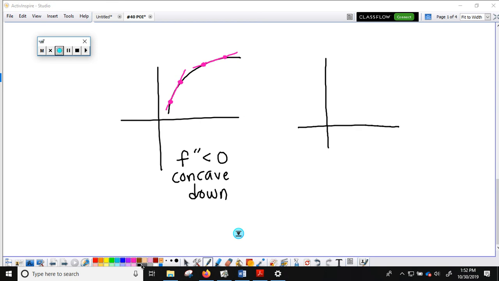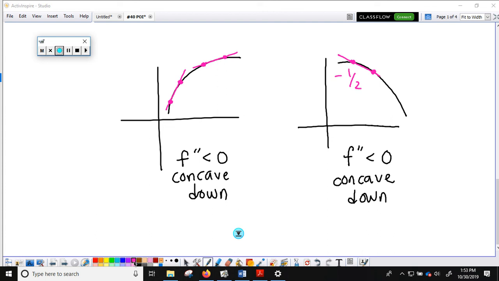Another example of a graph that's concave down would be this decreasing graph. It's like a bowl opening down, or part of a parabola that opens down. So F double prime would be less than 0. This graph, as I said, is again concave down. Let's take a look at the slopes. So between these two points, we might have a slope of, say, -1/2.